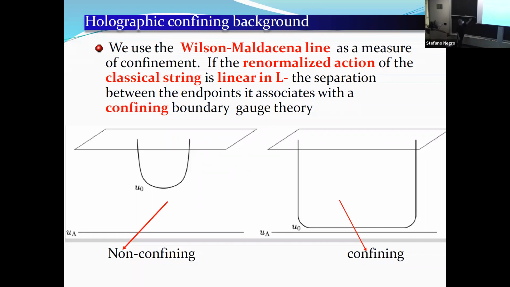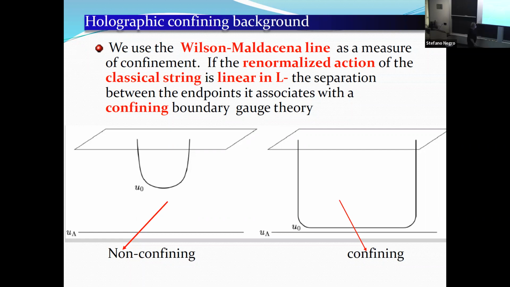The one that we're using is a Wilson line, or if you want, Wilson-Maldacena line, which is a quantity that we compute in the stringy background. Basically on the boundary, we put 2 endpoints, and then we compute the solution to the Nambu-Goto action, which determines the profile of the string.